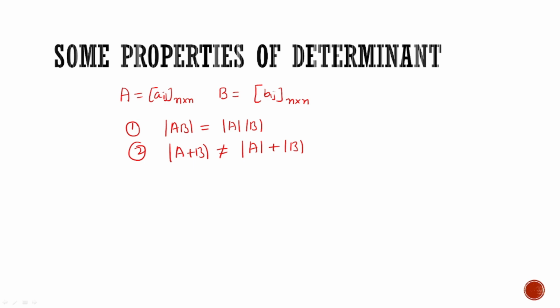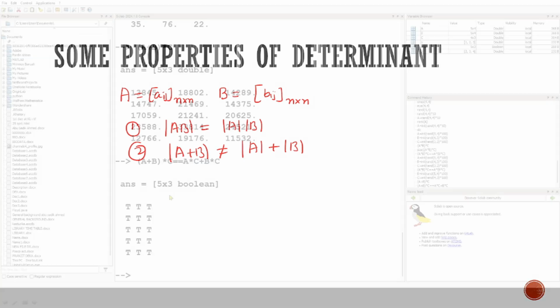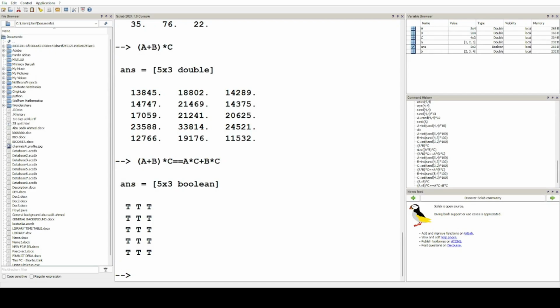Now here I'm defining one random matrix.